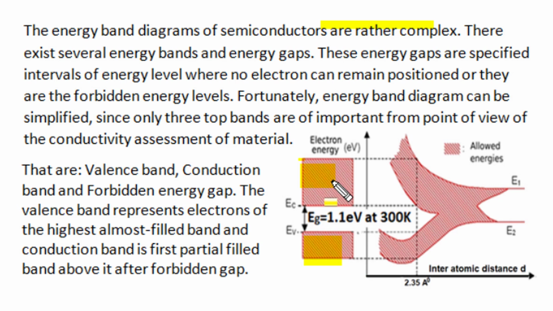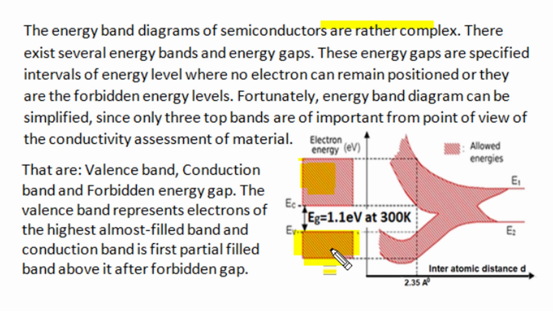Now fortunately the energy band diagram can be simplified, and only the top three energy bands matter: one fully filled band of highest energy values known as the valence band, and the first one above that, a band of empty energy levels, called the conduction band, and the third is the energy gap between the valence band and conduction band.